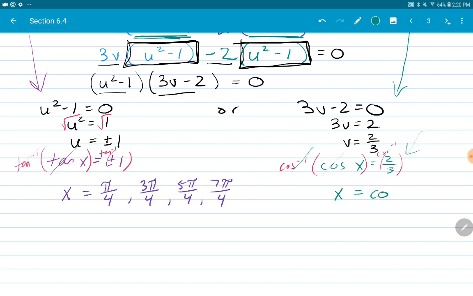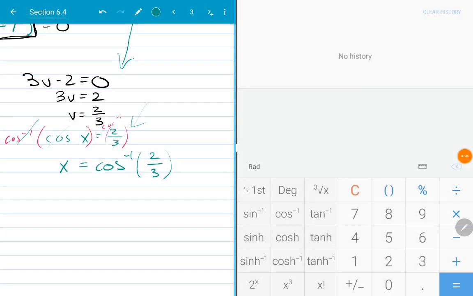But on the right, I get cosine inverse of 2/3. I know there are 2 possible solutions in the 0 to 2 pi domain, but the calculator is only going to give me 1. So I'll use my calculator to get that 1, and then my wits to get the other.